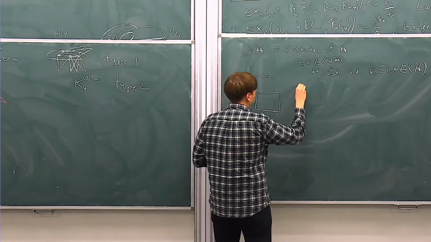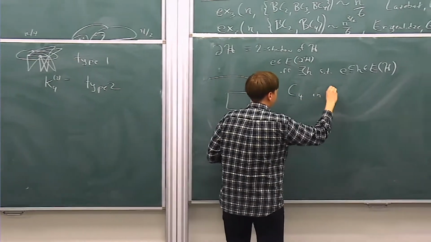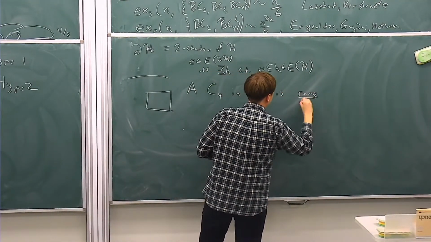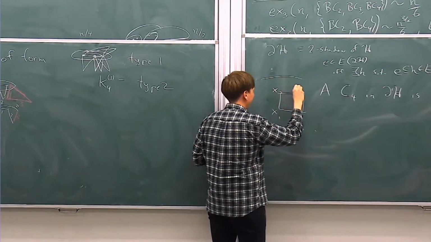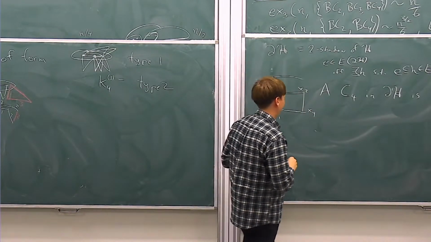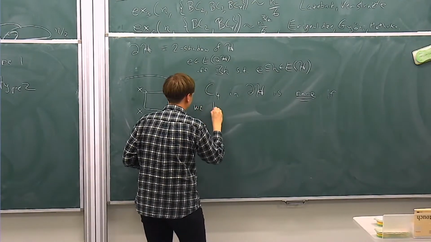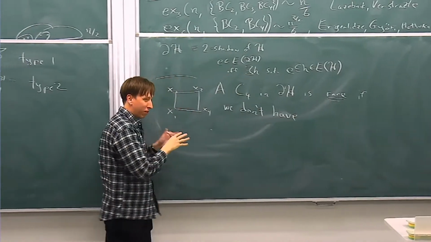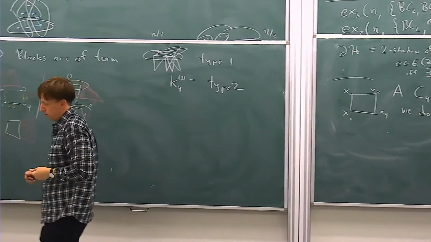A 4-cycle in the shadow is called rare. Here's a 4-cycle x1, x2, x3, x4. It is rare if we don't have a pair of hyperedges which intersect in the diagonal of this 4-cycle.